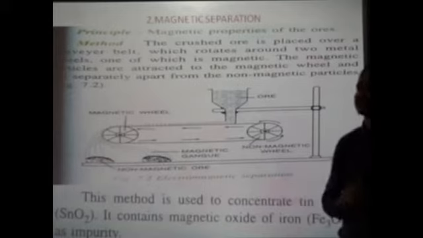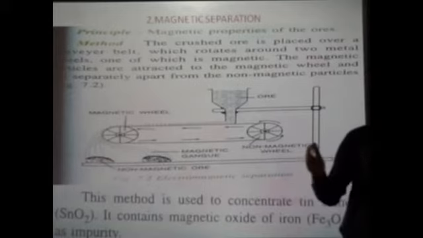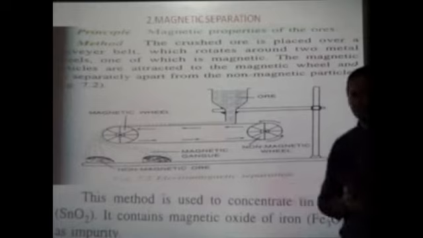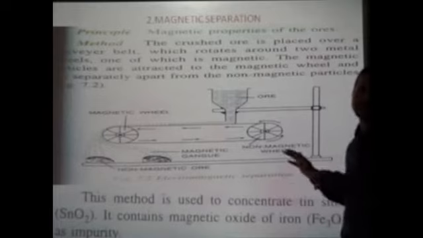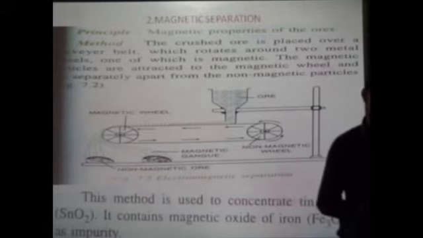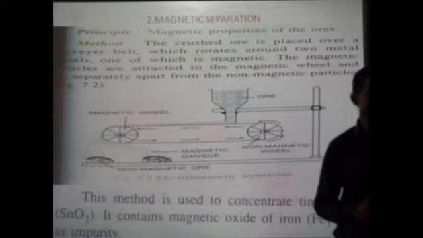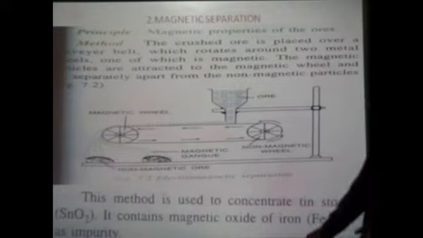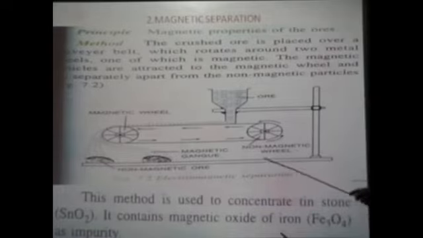Both cannot be magnetic and both cannot be non-magnetic. If both are magnetic, we cannot use this process. If both are non-magnetic, we cannot use this process. So in order to use this process of concentration of ore, one has to be magnetic and one has to be non-magnetic. So let's see how this method works.